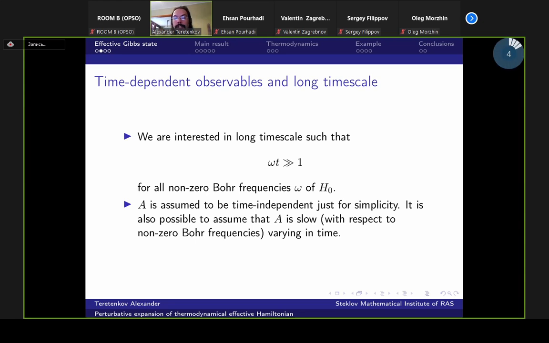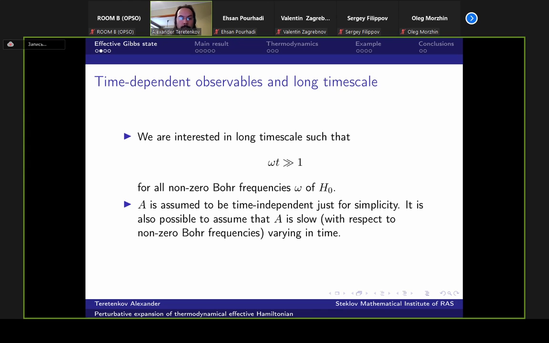And we are interested in the long time scales, meaning that we have such a time scale that omega times this time scale is much larger than 1 for all non-zero Bohr frequencies of H0. Bohr frequencies are just the transition frequencies of the free Hamiltonian, all possible differences between eigenvalues of H0.